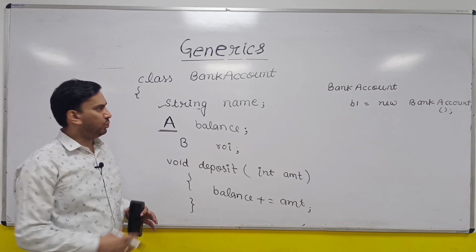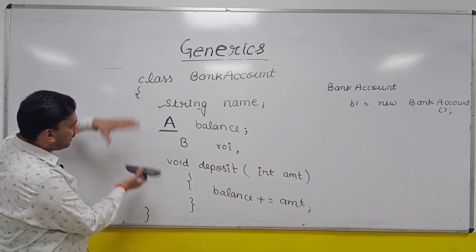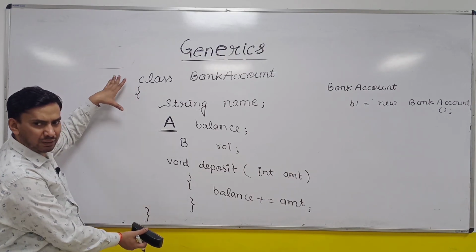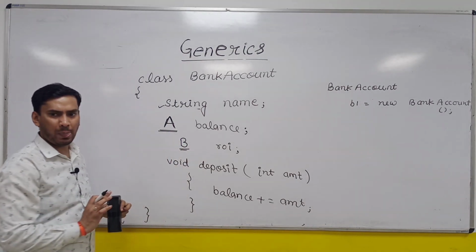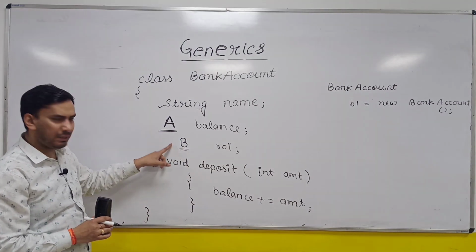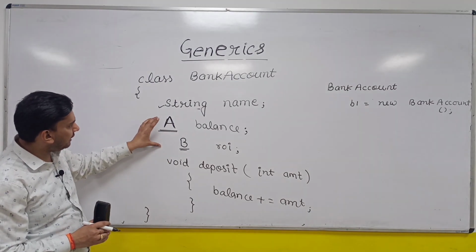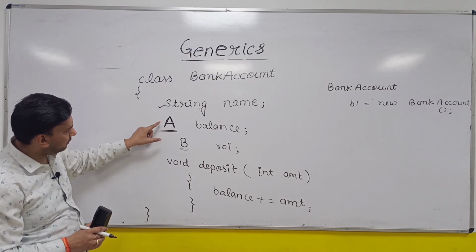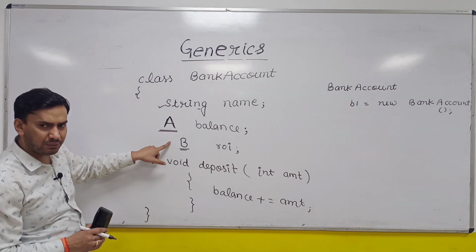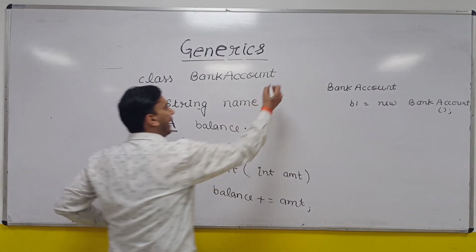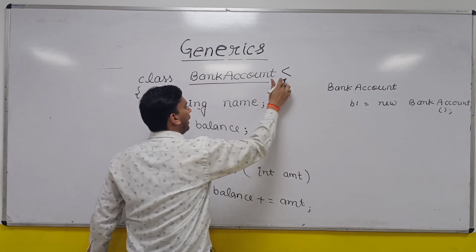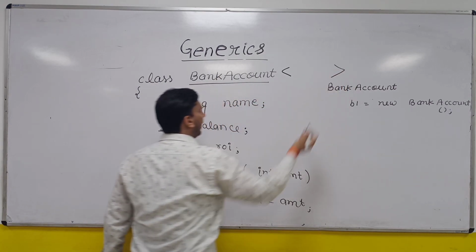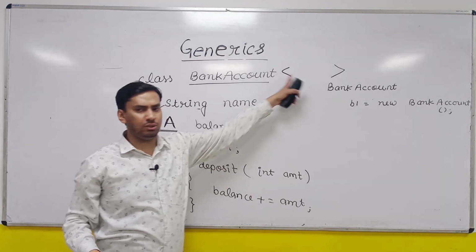Right? So in this class, now how many type parameters are you using? A and B. Two variable types you are using. So when you declare a generic class, first of all you will see what different variable types you are using, and in the angular bracket just after the name of the class you have to mention all those variable types.